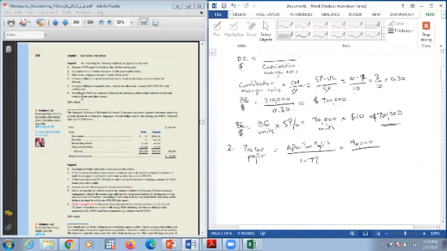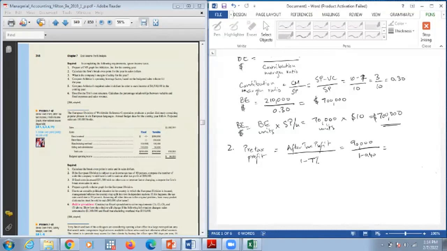We want an after-tax profit of $90,000, and we'll divide that by 1 minus the tax rate, where the tax rate is 40%, so 1 minus 0.40. Using our calculators, if we do 90,000 divided by 1 minus 0.4, we get 150,000.